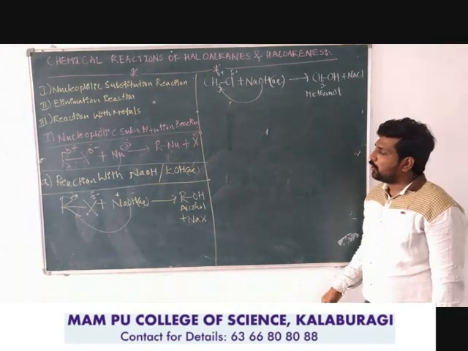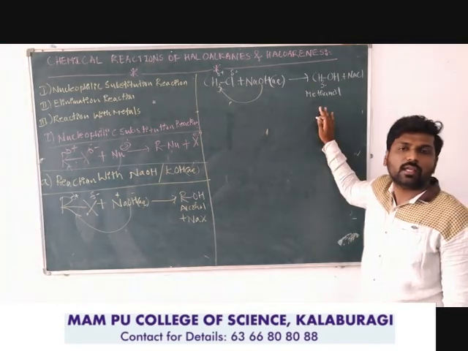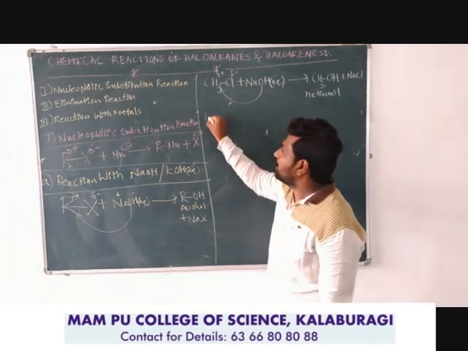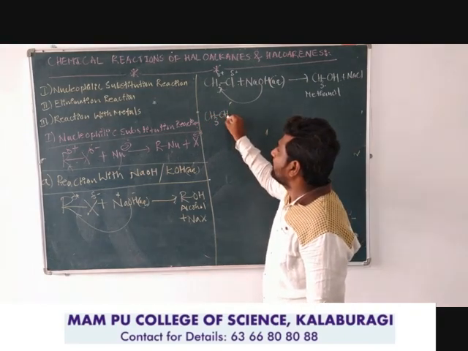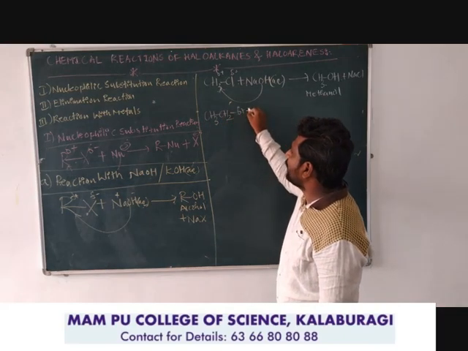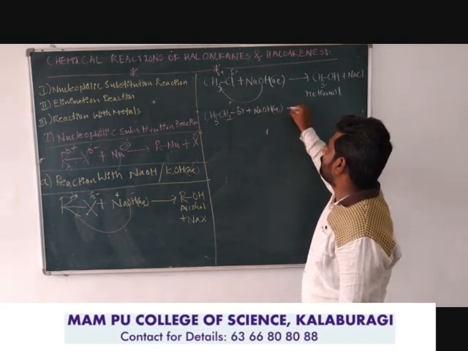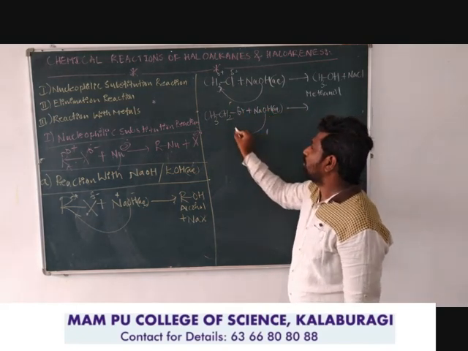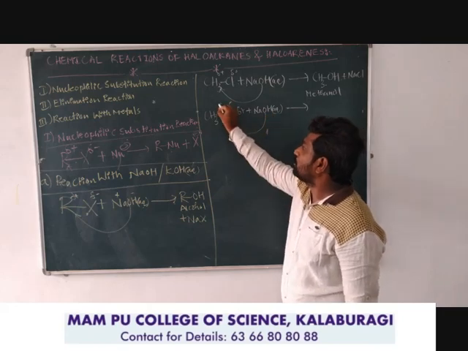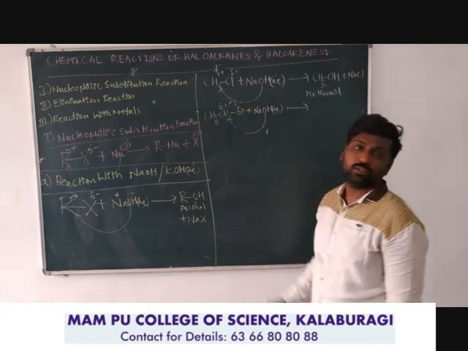See here, we can get alcohol if we take any alkyl halide. For example, if I take ethyl chloride or ethyl bromide with aqueous sodium hydroxide, the main product will form due to the attack of the OH group on the carbon atom to which the halogen atom is bonded.